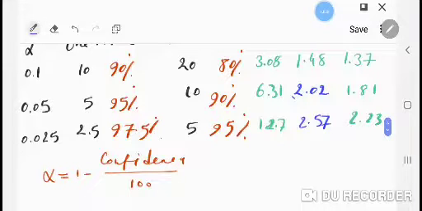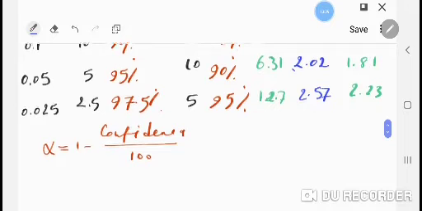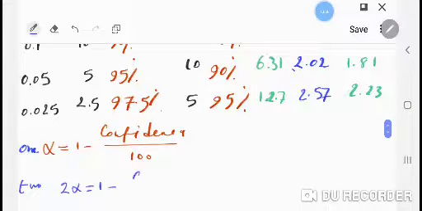This is for a one tail test, and for two tail tests 2 alpha is equal.